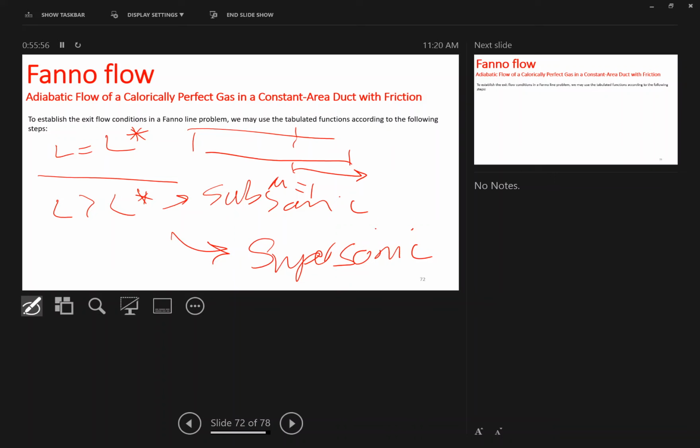Okay, so how can we deal with this? Any ideas? So, we're still assuming those parameters, L is greater than L star? Yes. So it's going to enter with no backflow and spillage, and it's going to hit a choking point, and Mach number equals 1 at the outlet.